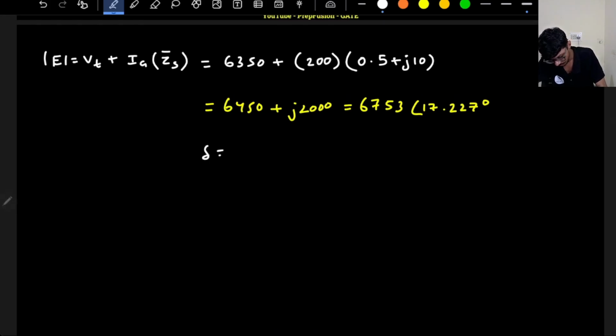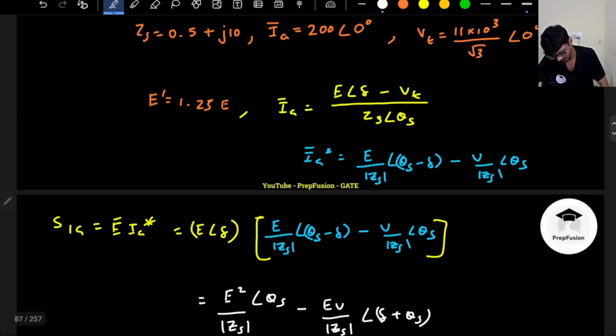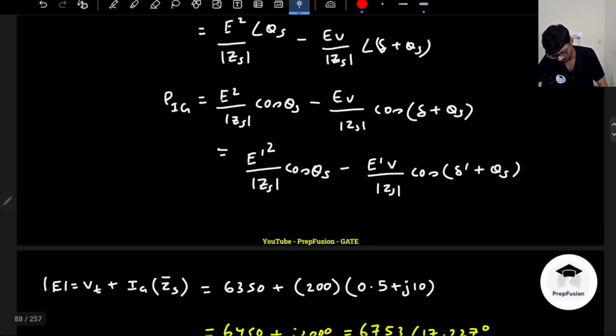So my delta will be 17.227 degrees and my magnitude of E will be 6753. So E dash will be what? I have increased my excitation by 25%. It is 1.25 times the previous one.